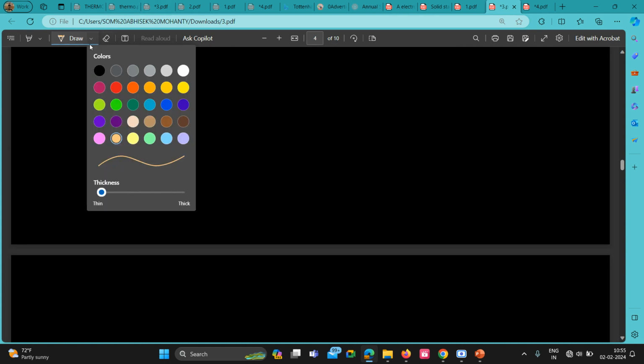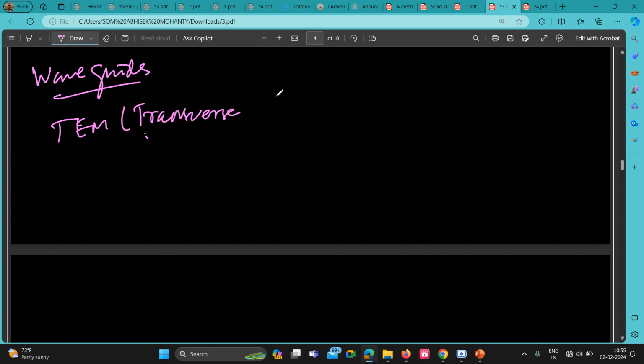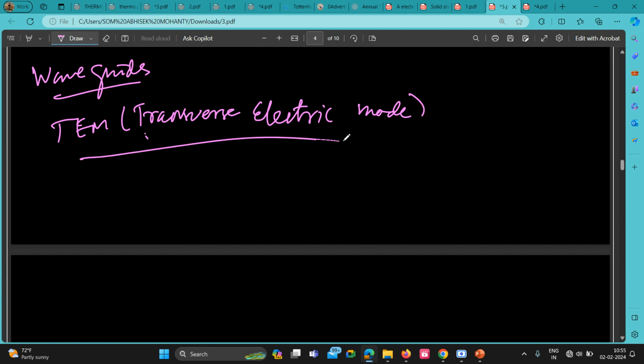Next is your waveguide. So waveguide. Now rectangular waveguide, transverse electric mode is called TE. Transverse electric mode TE.